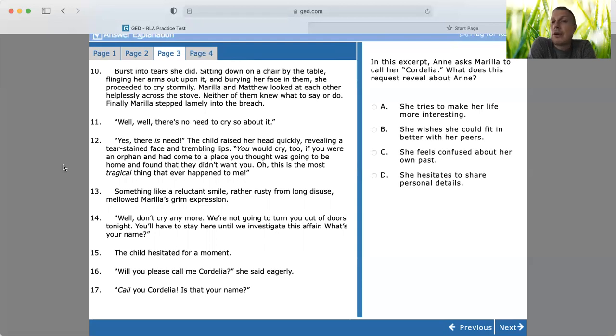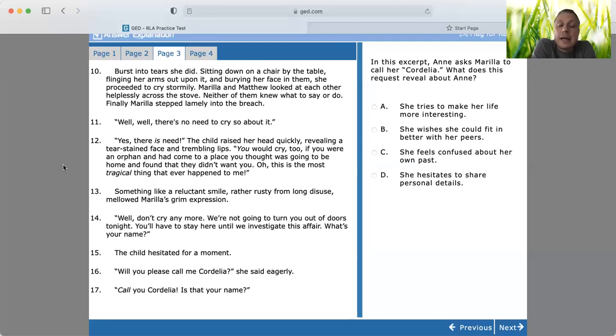"Well, there's no need to cry so about it." "Yes, there is need." The child raised her head quickly, revealing a tear-stained face and trembling lips. "You would cry too if you were an orphan and had come to a place you thought was going to be home and found that they did not want you. This is the most tragical thing that ever happened to me."